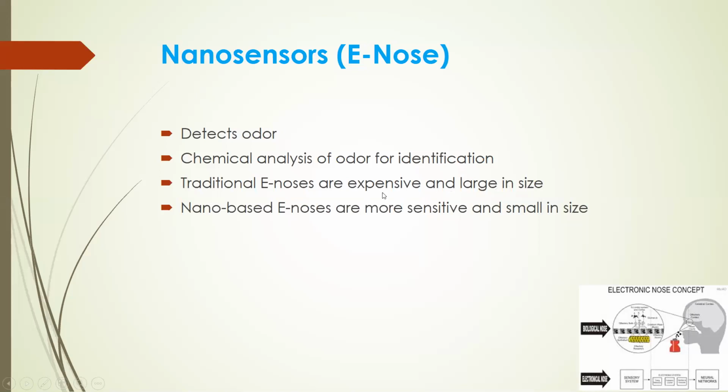These nano-based electronic noses, which are small in size and more sensitive, can be used to monitor even a very low concentration of odor, even a very low concentration of the contamination that might have been produced in the food items.